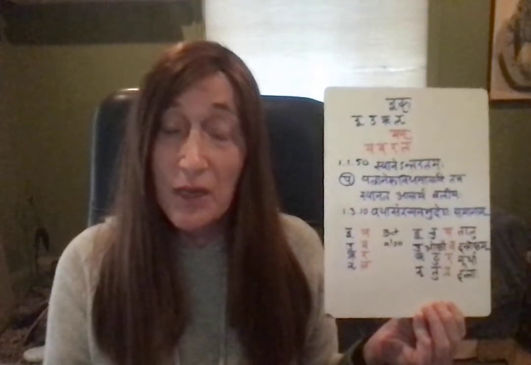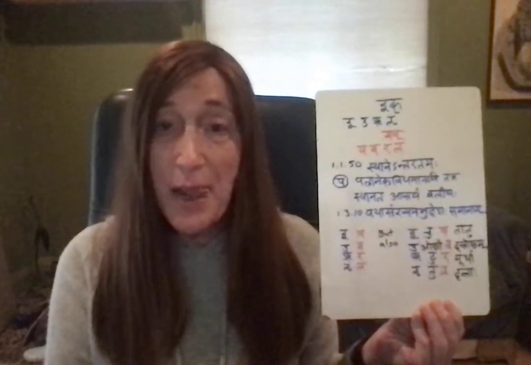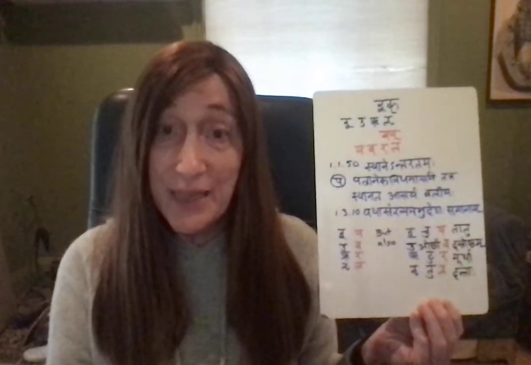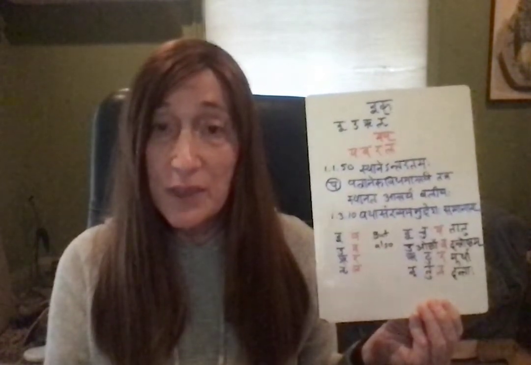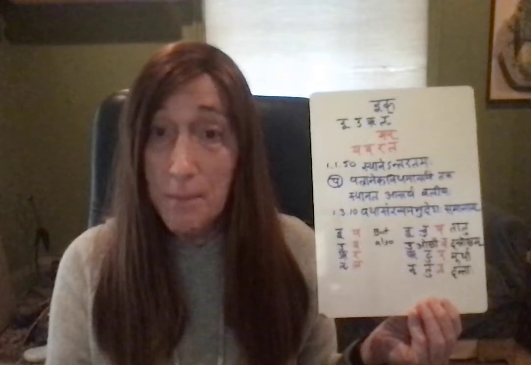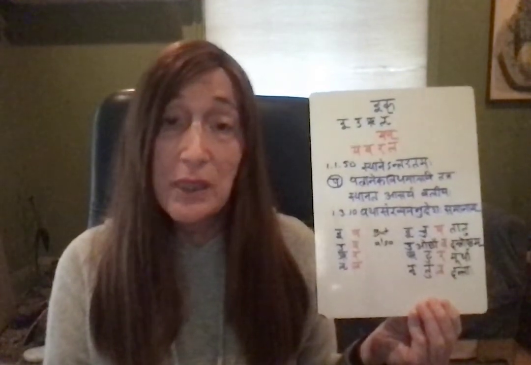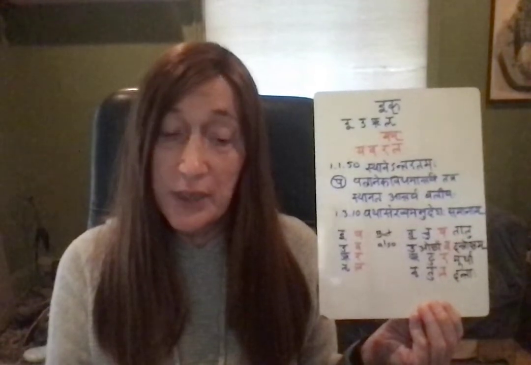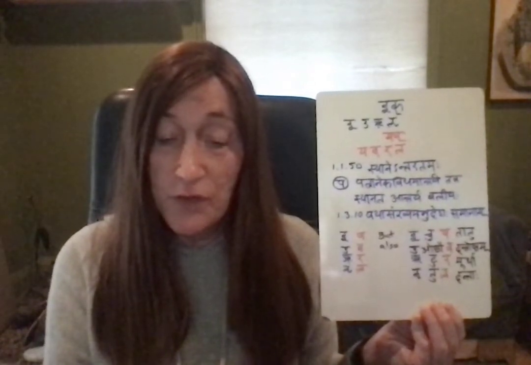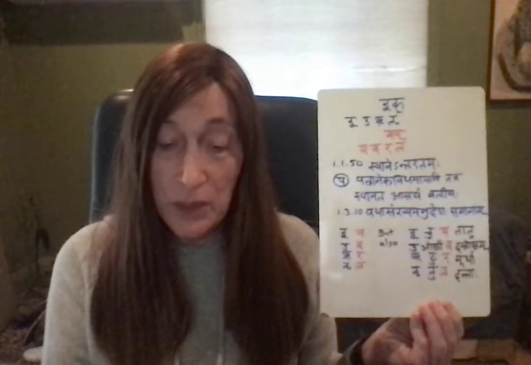Now here's where closeness counts. It's not necessary to be identical because U and V are the only ones that are Oshtau. So they're the only ones who share that element of place of articulation. So V and U go together.